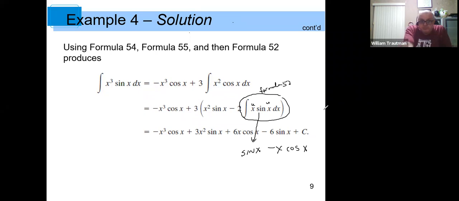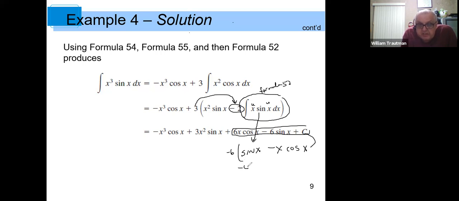Okay, now they don't show you, but they ended up with this, but that's okay because it's 3 times a -2 in front. So we have to multiply all this by -6. So when we do this, we get -6 sine x.